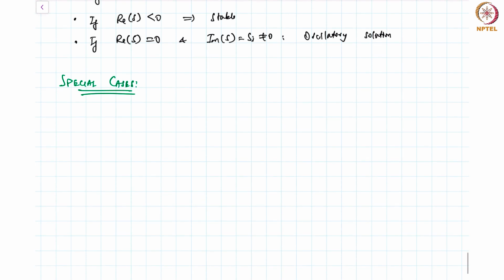So the first one is a case where the velocities are completely 0, u1 is equal to u2 is 0.